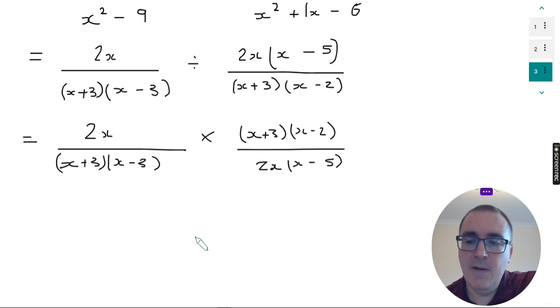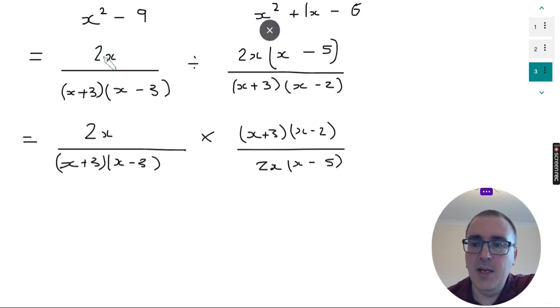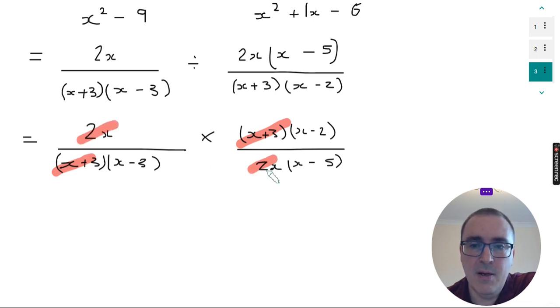So let's cancel out any factors which are the same on the numerators and denominators. We have an x plus 3 here and an x plus 3 here, so these two will cancel out. We also have a 2x and a 2x, so we can cancel these two out. And I think that's about it.